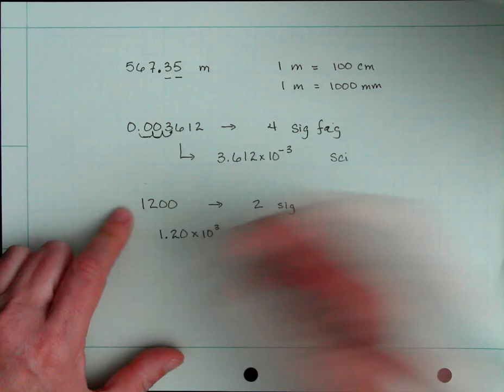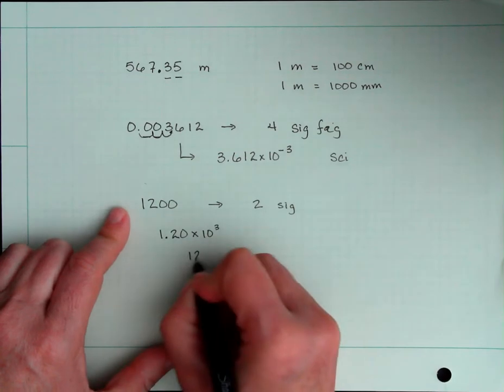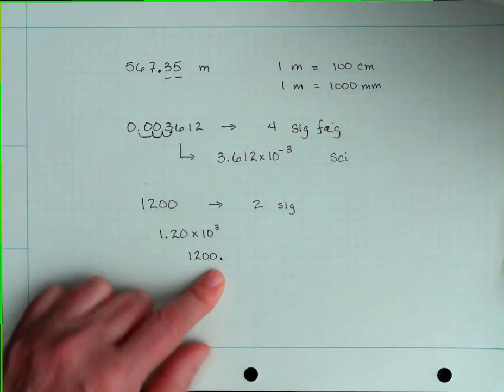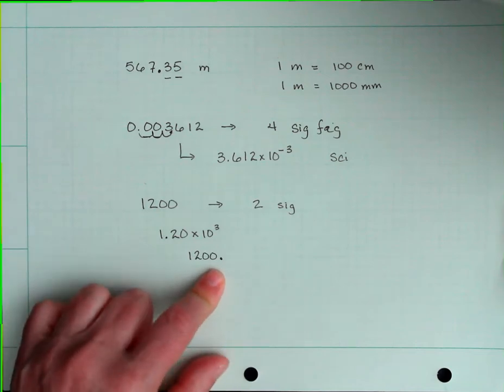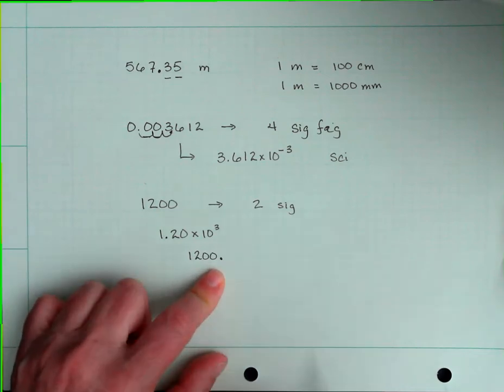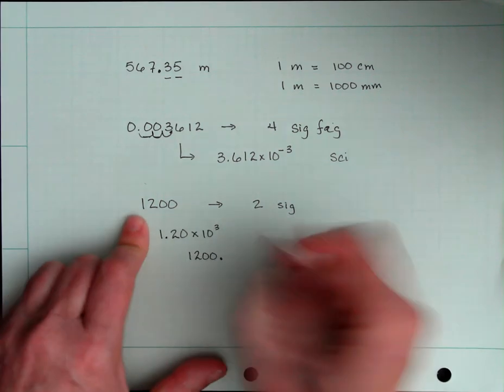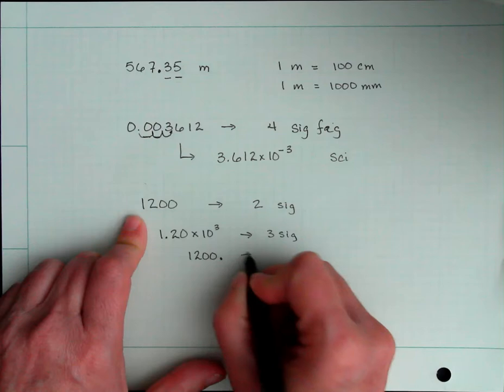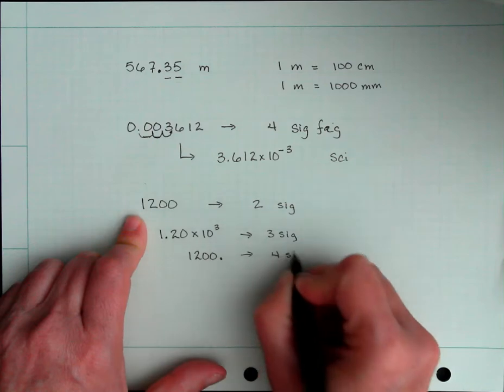Or if I want to show that all 4 of those are significant, I can put the 1200 and then put a decimal point there, and that shows that both of those zeros are significant. So this would have 2 significant figures, this one has 3 significant figures, this one has 4 significant figures.